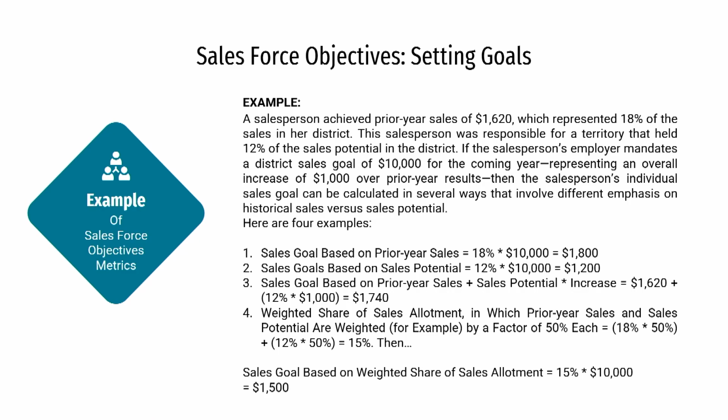Similarly, I can calculate the sales goal based on the prior year sales and the increment in the sales goal of the entire district. So, my sales goal based on the prior year sales was $1620, and the forecasted increase in sales for the entire district is $1000, and that is why I as a salesperson account for 12% of the total potential sales.